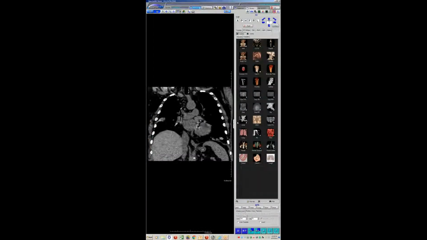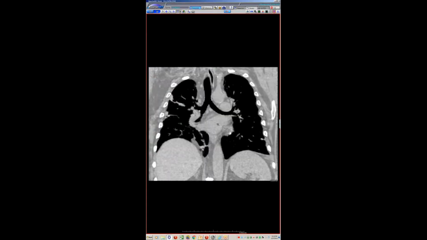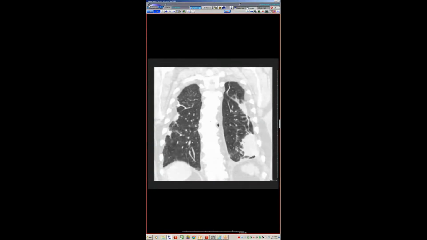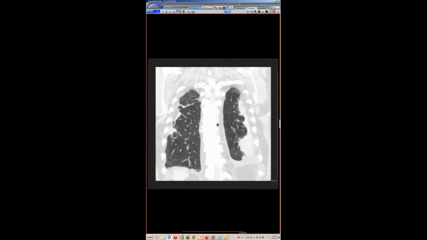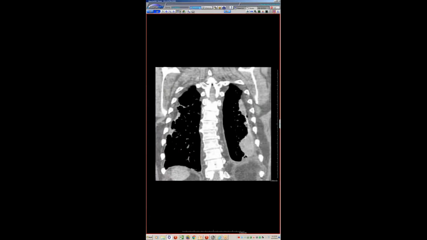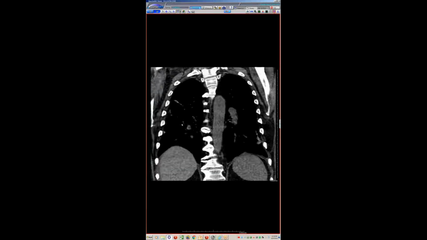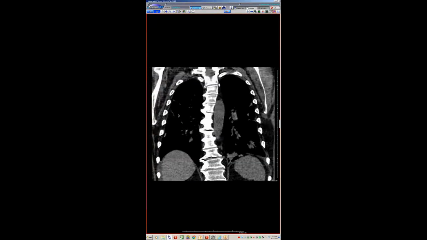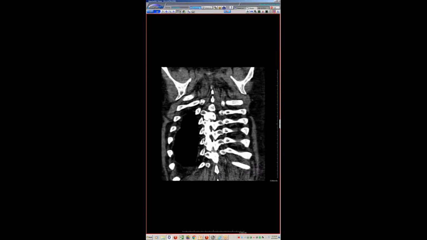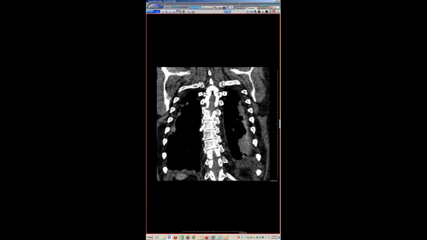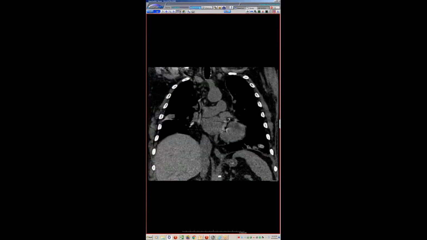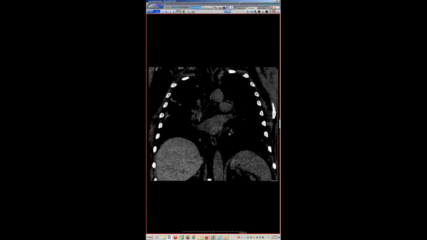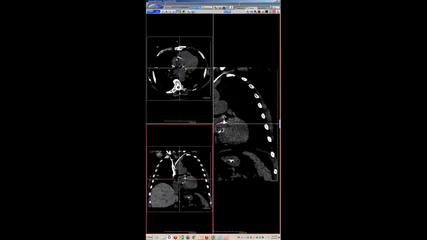And you can see that these areas of consolidation, which have what I would call an organizing pneumonia pattern, if you look at them, you can see that there are many areas that are high in attenuation, and multiple of these have areas of high attenuation. And then you can also see the liver is dense, not the most dense liver I've ever seen.